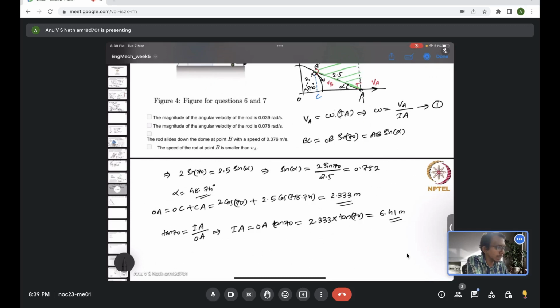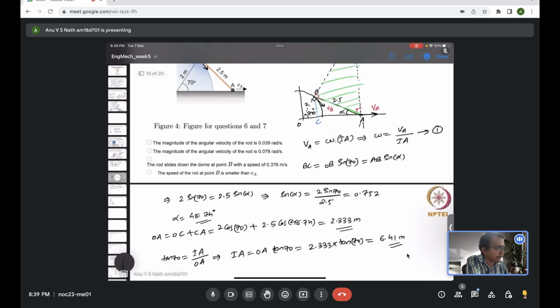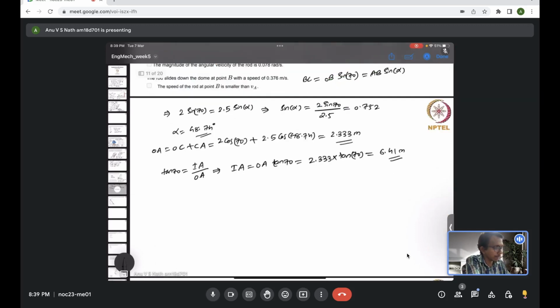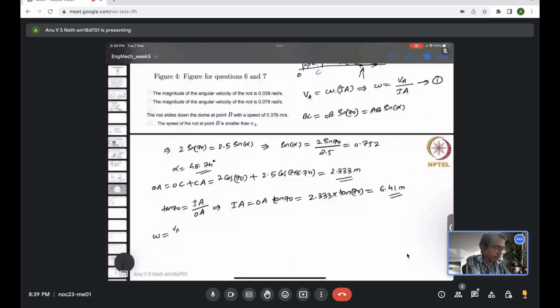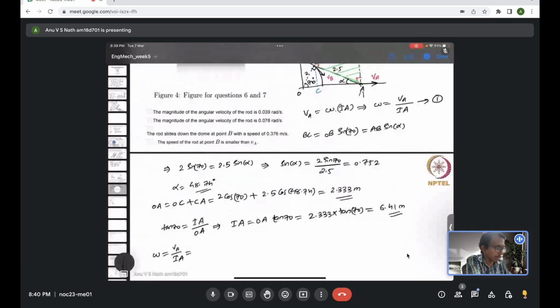IA. Now if we come back to equation 1, we'll just do omega is VA by IA. VA we already know, it's given in the problem. Velocity of A is 0.5 meter per second.